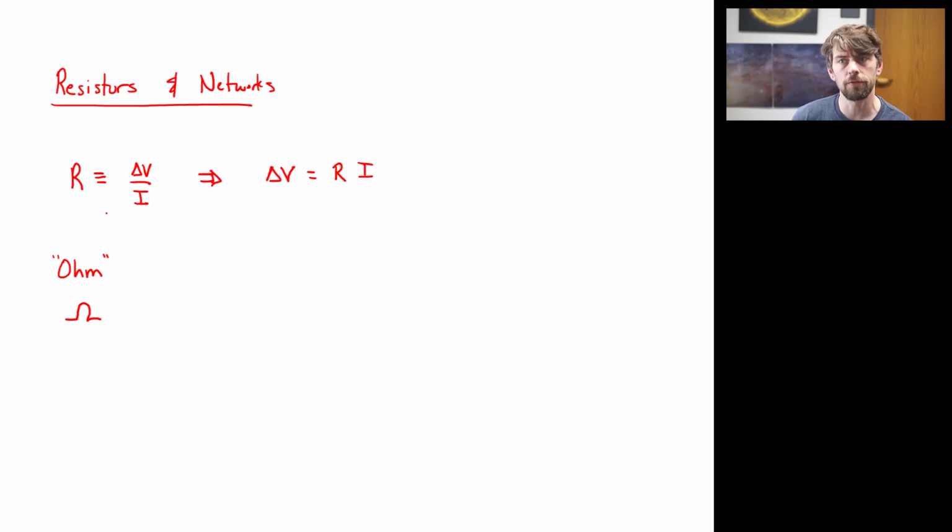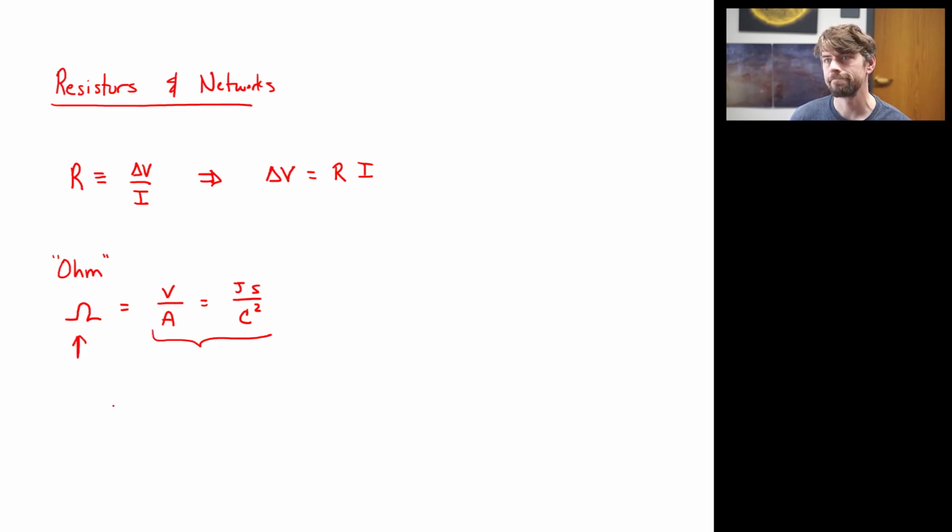Now we can see from the definition of resistance that an ohm, a unit of resistance, is equivalent to a volt per amp, or if you prefer more fundamental units, that is a joule second per coulomb squared. Now, truth be told, I can't think of a single time that anybody's ever quoted these units to me. Everybody just calls them ohms.